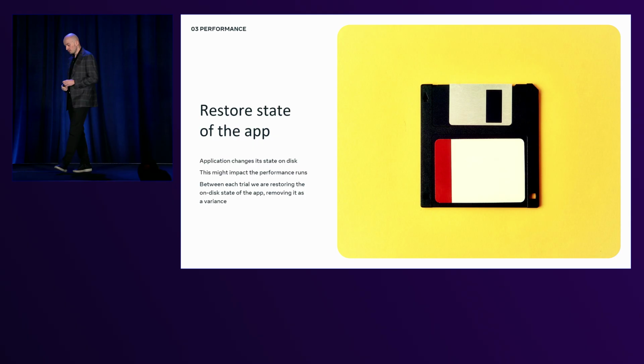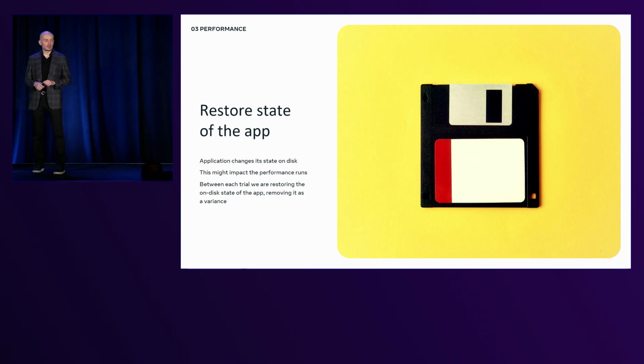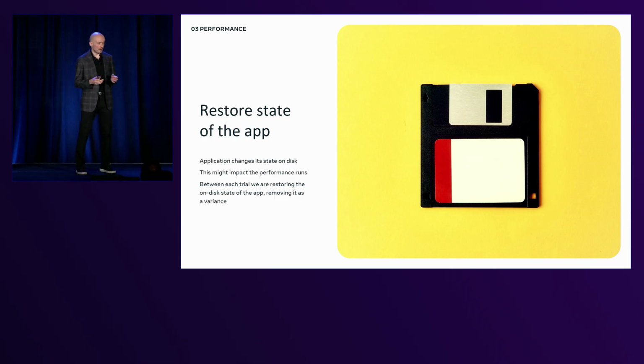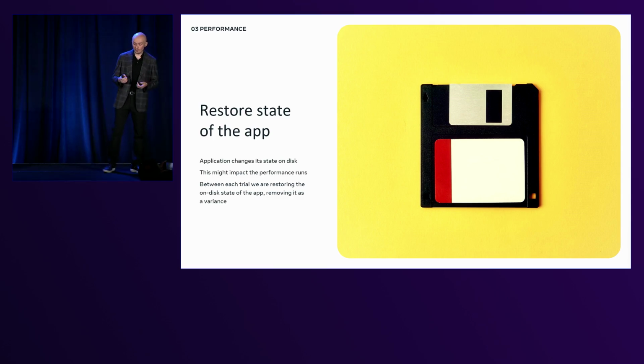When an application runs, it stores state in memory and on disk. When it's being closed, it usually dumps its in-memory state on the disk, so whenever next time it starts, it's going to read from it. This on-disk state contains a lot of information, like application configuration, user preferences, user information, some cache objects.